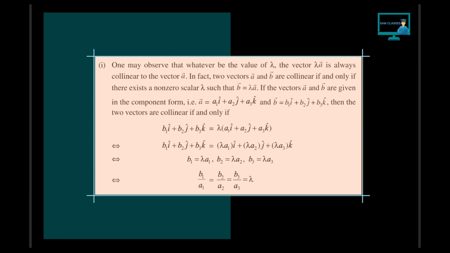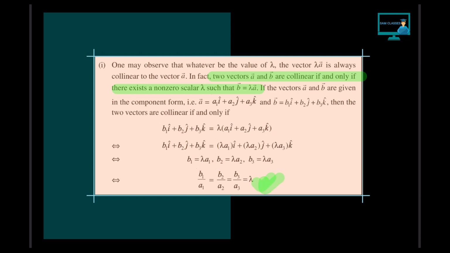Next, one of the most important lines that you need to understand is, whenever we say that two vectors are collinear, it means that a vector is equal to lambda times of b vector. That's it. Whenever we say that two vectors are collinear, it means that a vector is some scalar multiple of another vector. Nothing more than that.